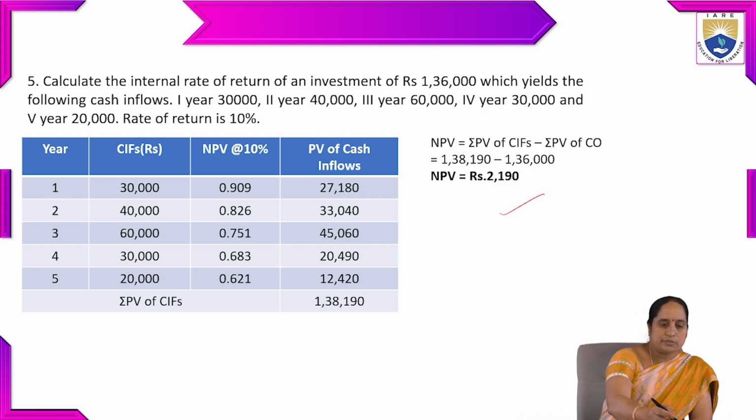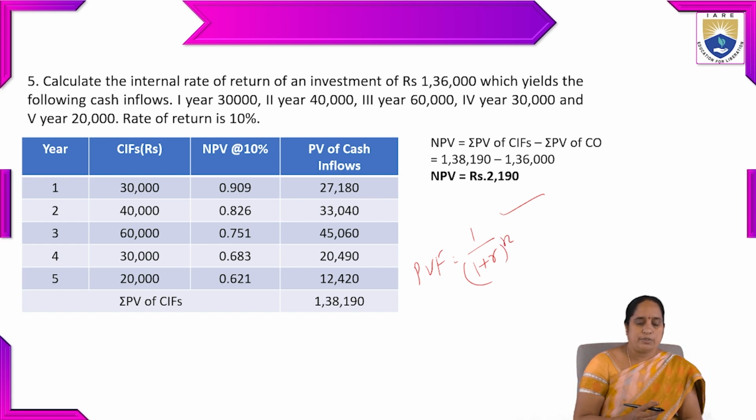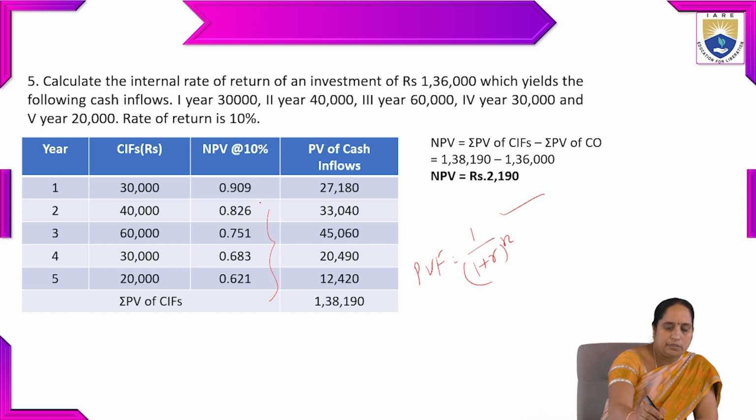So cash inflows are given, and find out PV factors by using the formula: PV factor is equal to 1 by (1 plus R) whole to the power of n. Substitute R is equal to 10 and n is equal to 1, 2, 3. So using this formula I have generated PV factors for all the 5 years.